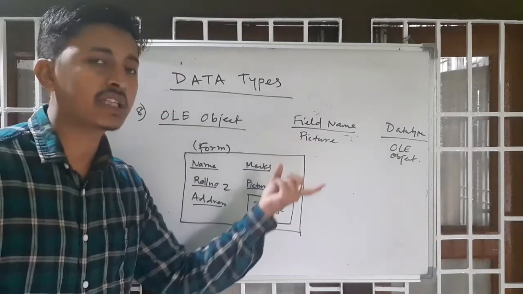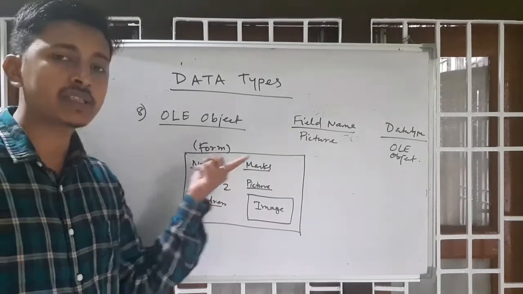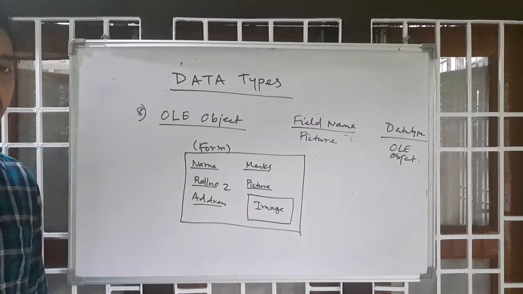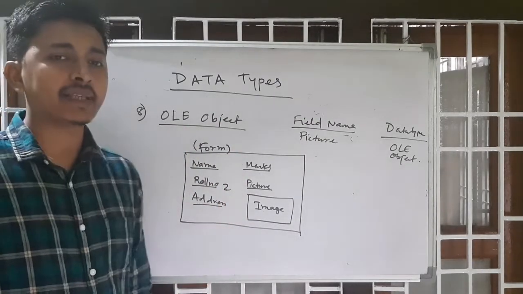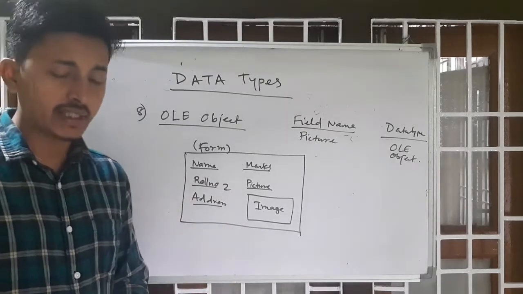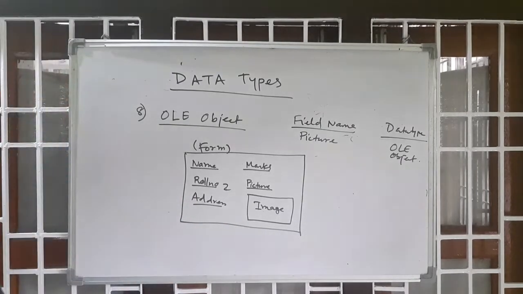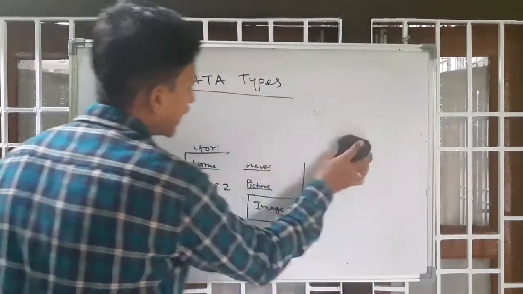Means the picture comes automatically when the roll number is changed. Okay. So these are the OLE objects you can use in MS Access database or MS Access tables. Okay, understand? So next is number 9.